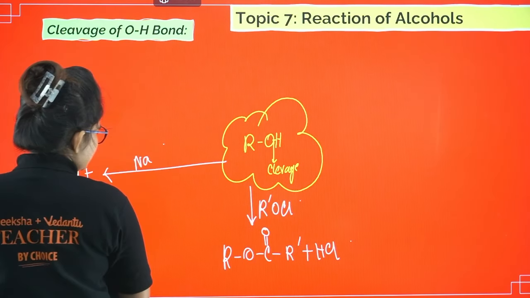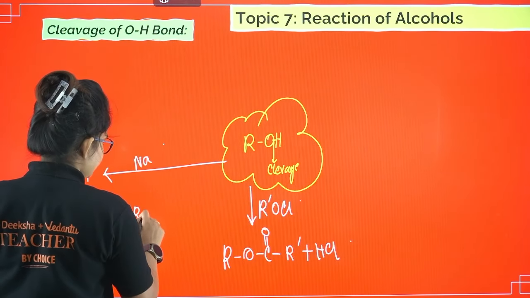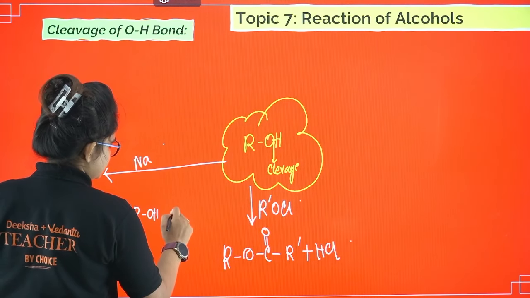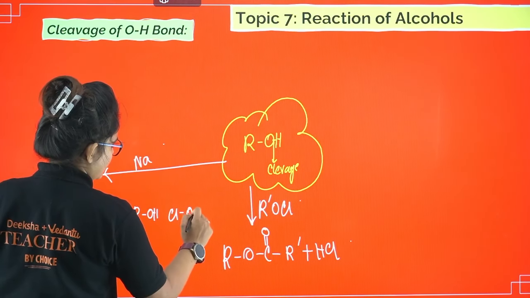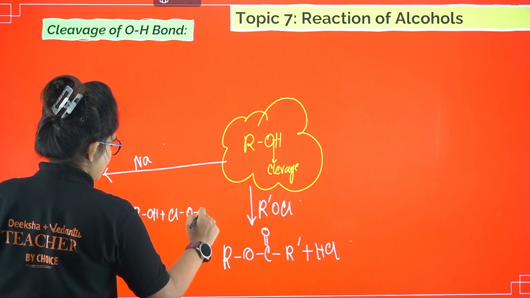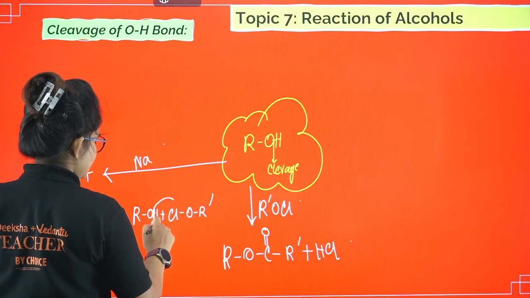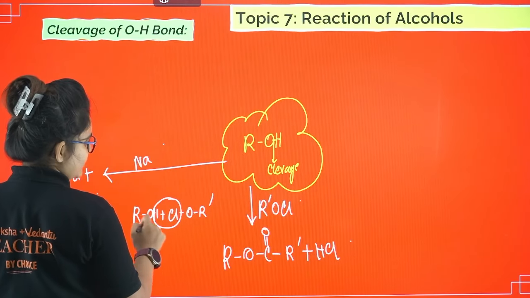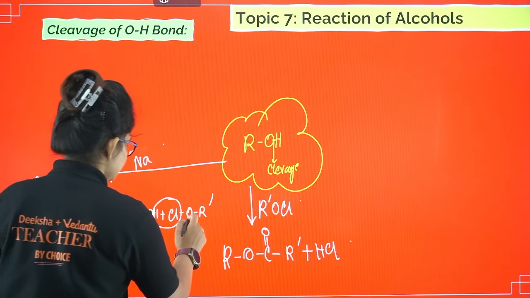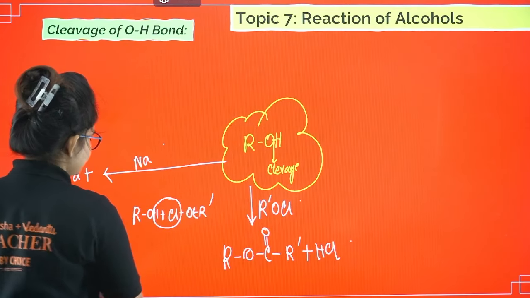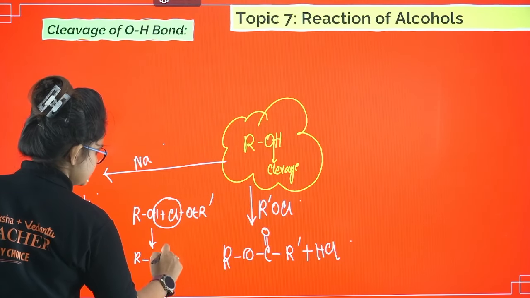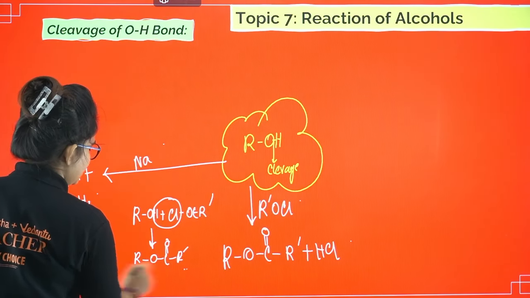Basically, if you keep this ROH along with ClOR prime, H and Cl will be released, and this will make the bond. You can see ROCOR prime like that.